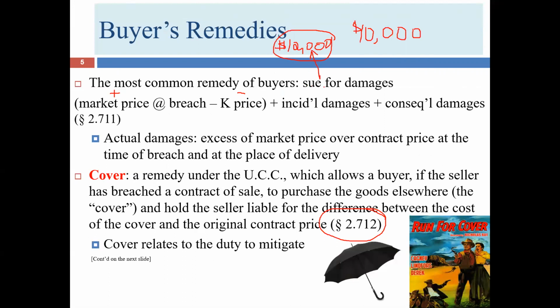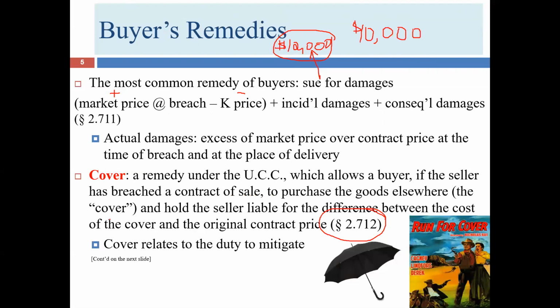It may be that he's decided he doesn't need the items after all, and so he's just trying to figure out what he is out because he wasn't able to get the items for $10,000. But more likely, he's going to have to buy them from somewhere else. And if he actually goes out and buys it, we call that cover. What is cover? It's a remedy under the UCC which allows a buyer, if the seller has breached a contract of sale, to purchase the items elsewhere.